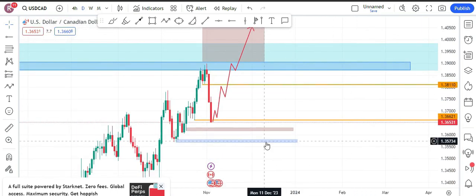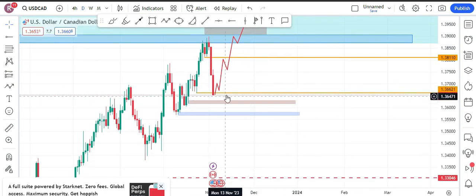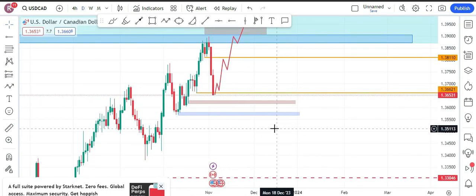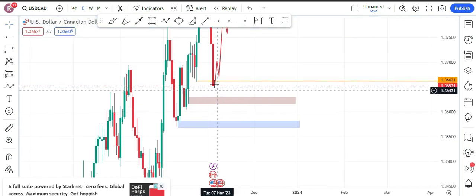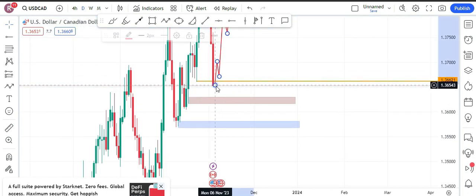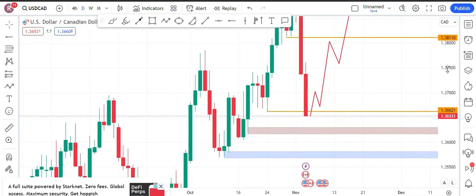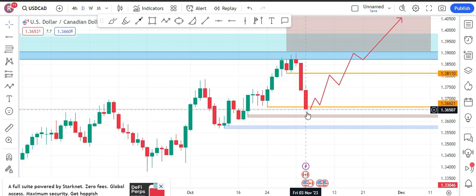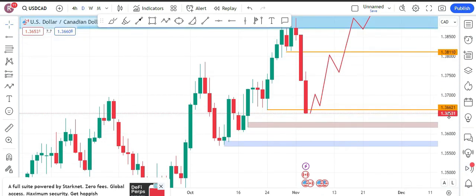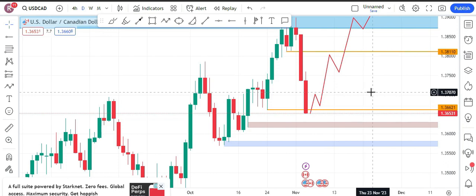Now the second thing is this: so far as it is a momentum candlestick and there is no sign of weakness, we can see very clearly that this candlestick doesn't have any shadow at all. So it has every chance to come down. The probability of coming down is much higher than going higher.